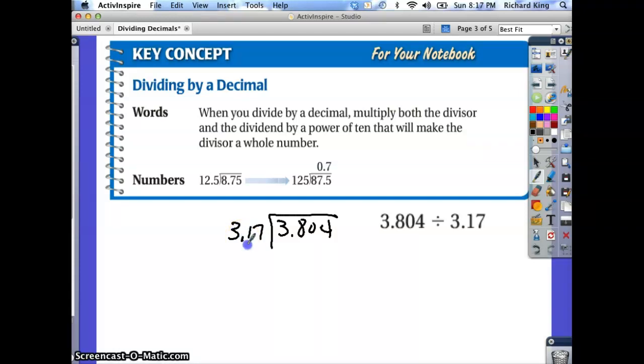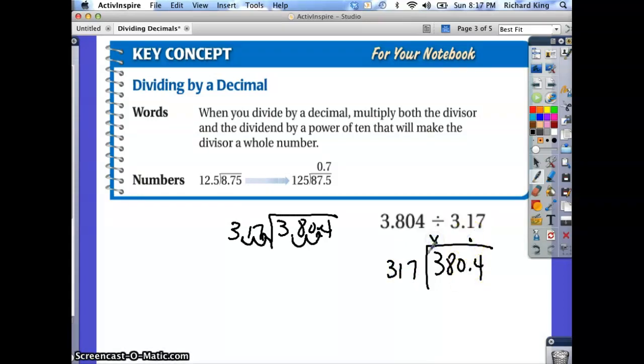So to make it a whole number, you're going to have to move the decimal 2 places to the right. And you have to do that also in your dividend. So your decimal moves to here. Now let's rewrite this as 380.4 divided by 317. Decimal straight up in your answer.